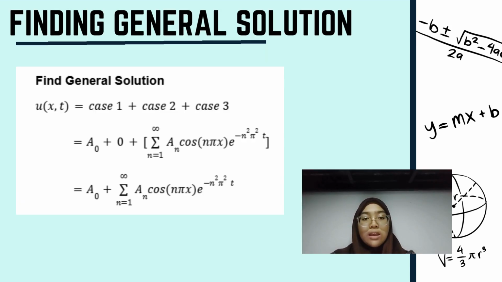Next, after finding T(t) for case 1, case 2, and case 3, we need to find the general solution, which is u(x,t) equal to case 1 plus case 2 plus case 3. So in this case, the answer will be a naught plus summation of n equal to 1 to infinity a_n cos n pi x exponential the power of negative n squared pi squared t.